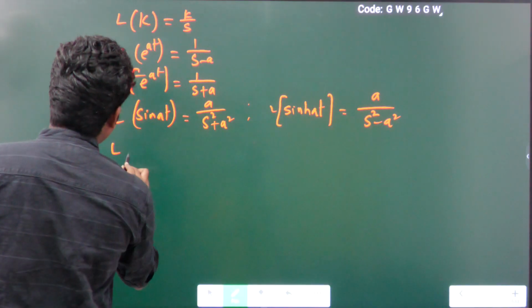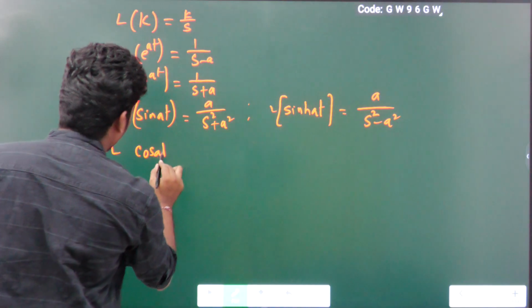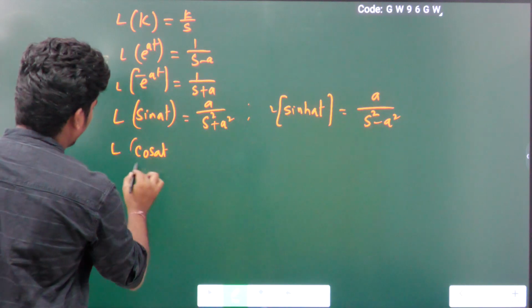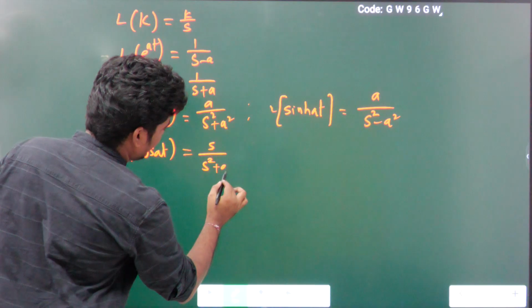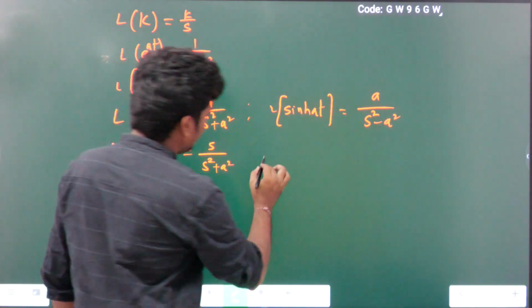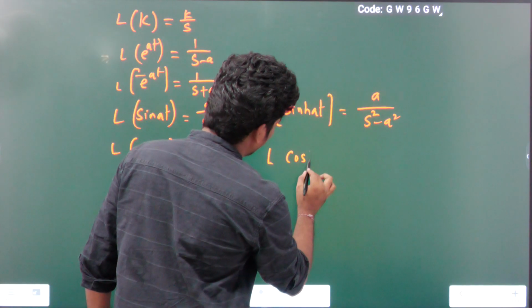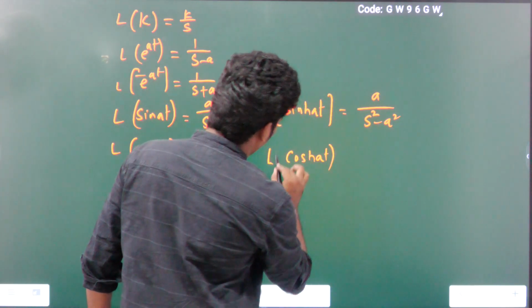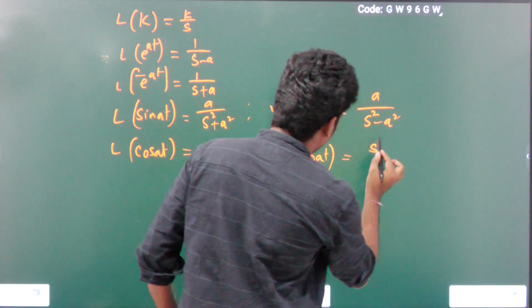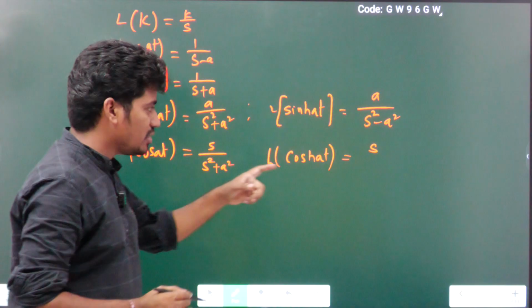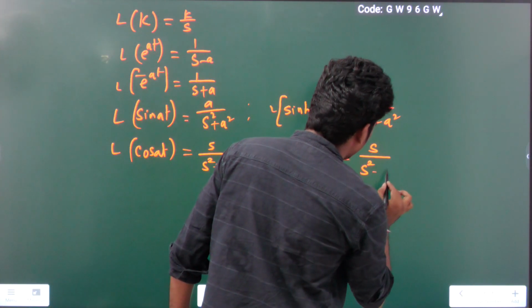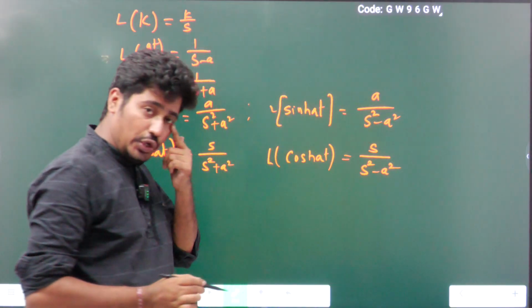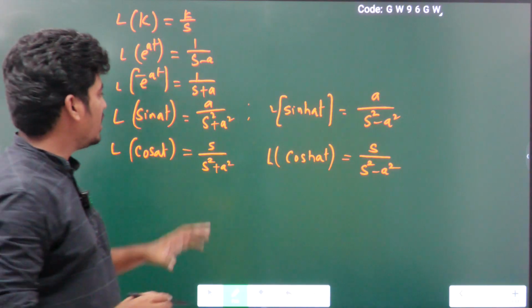Next, the Laplace transformation of cos at will be equal to s by s square plus a square. So for the Laplace transformation of cos h at, it is the same formula, but instead of plus you substitute minus: s square minus a square. It is easy to remember some things here.